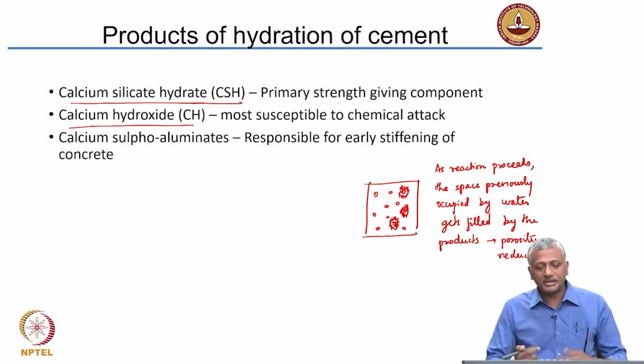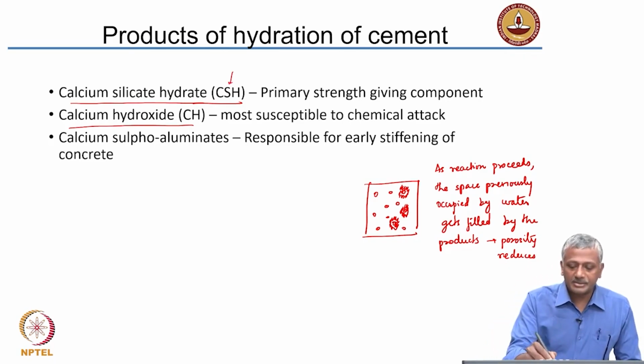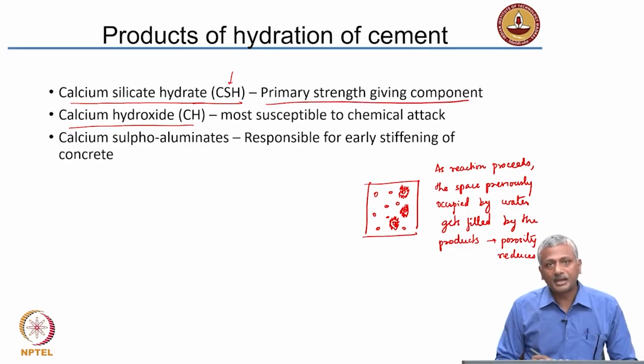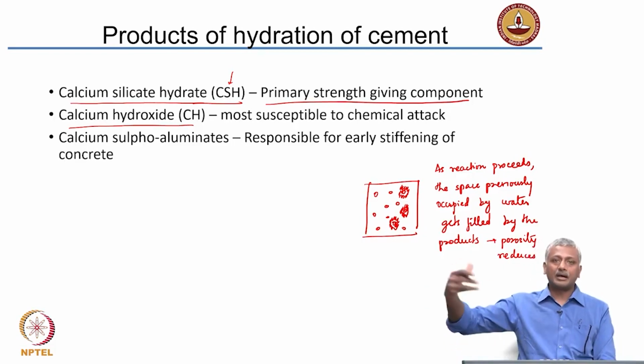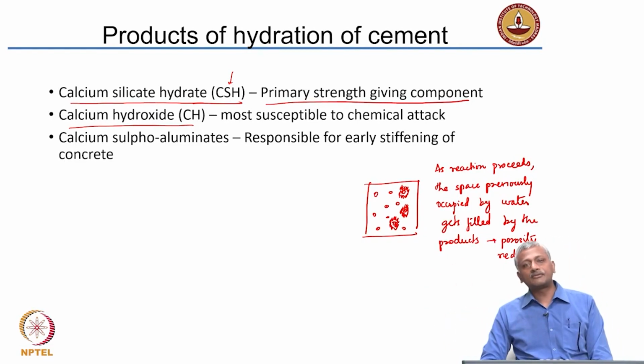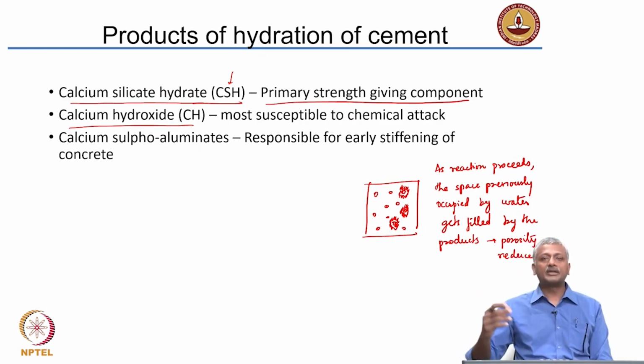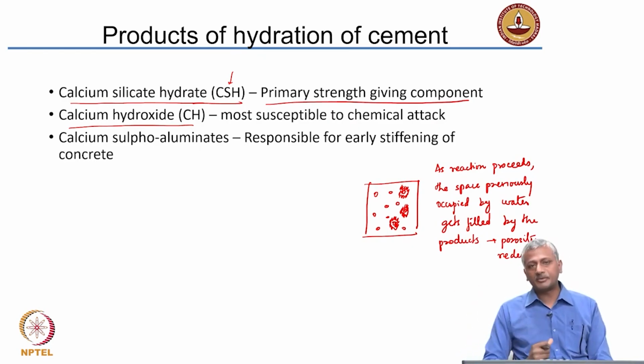But the major component is still your CSH, and it's the primary strength giving component. Calcium hydroxide can be chemically altered quite easily. For example, if there is external carbon dioxide, you've seen it in the case of lime water, what happens? Carbon dioxide reacts with calcium hydroxide to form calcium carbonate.